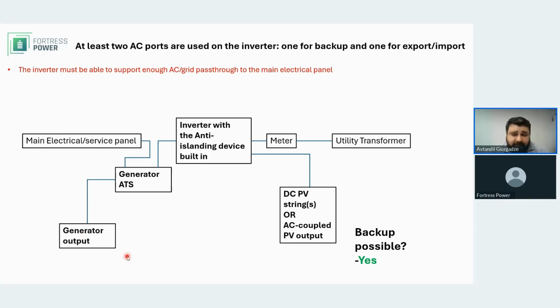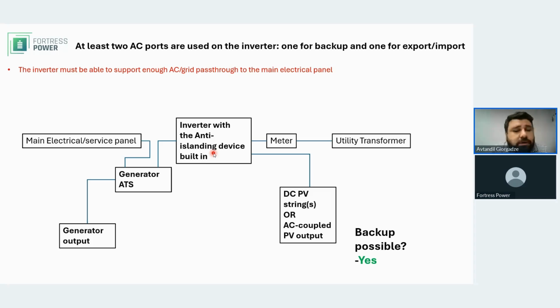But if your batteries cannot provide any power because they're depleted, because there is no sun, your PV strings cannot do any power production, then the generator will see that the frequency and the voltage are gone on the load side of the inverter. So from the point of view of the generator automatic transfer switch, that is a grid outage.